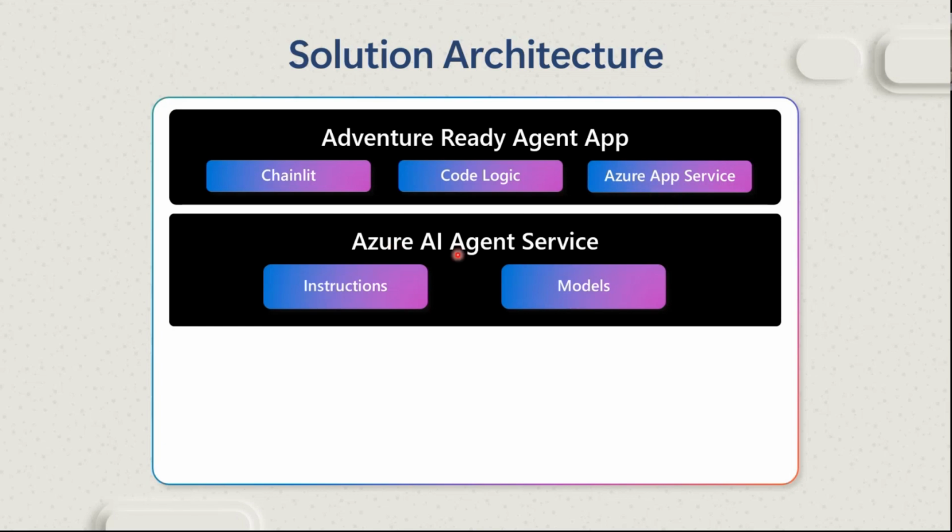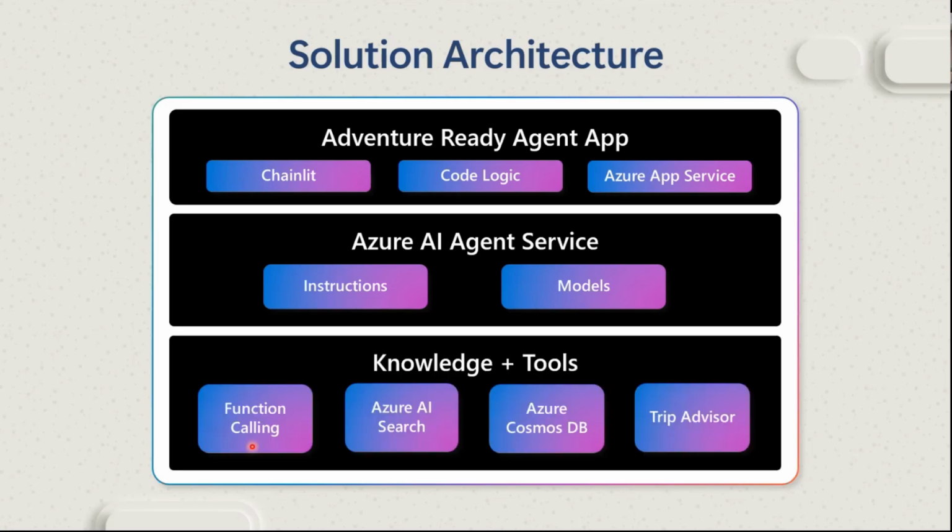Then we have our agent. The agent will have its own instructions and its model. We'll show you later how to provide the instructions. This is what you call developer prompt engineering, wherein you provide instructions on how the large language model and the agent will interact, or how it will behave. And then the model that we'll use, in this case, is Azure OpenAI.